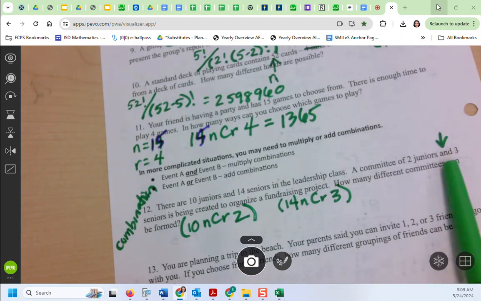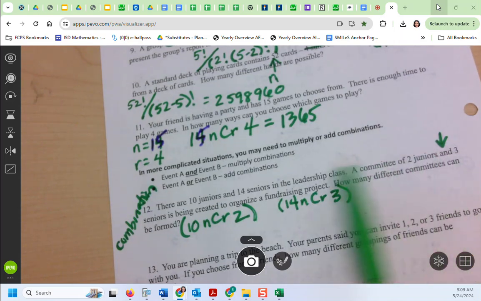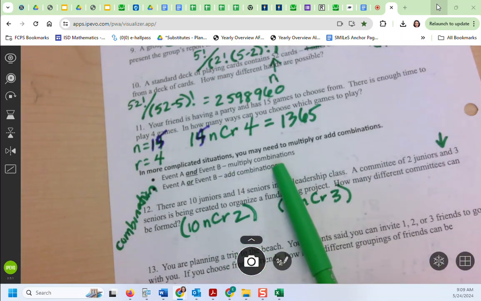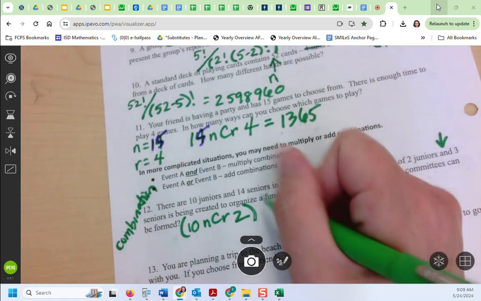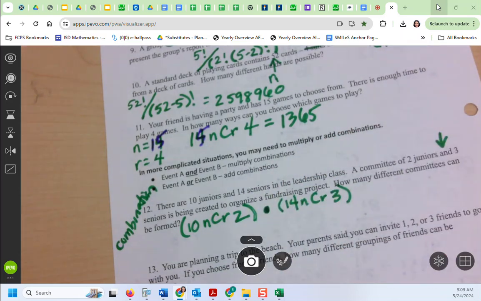And the word right here is going to help us, right? So the word is and, so that means we're doing what? When it says and, you multiply. So it's not that you want 2 juniors or you want 3 seniors. You want 2 juniors and 3 seniors, so you're going to multiply those.